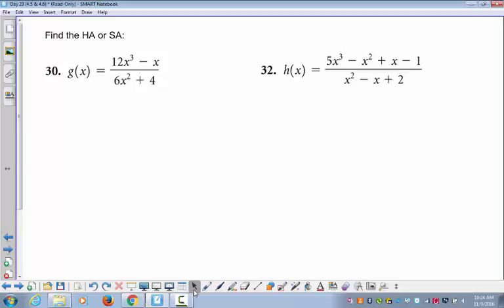To get that slant asymptote, we divide the denominator into the numerator. Can you use synthetic division in this case? No. That denominator is quadratic, so we can't use synthetic division. So we have to do long division. Denominator into numerator.